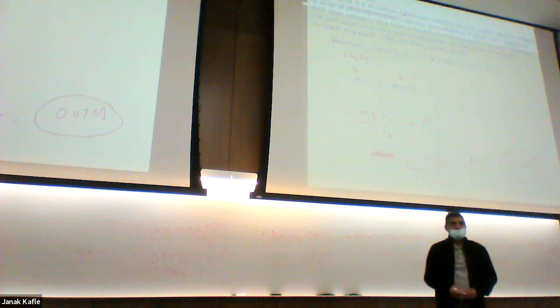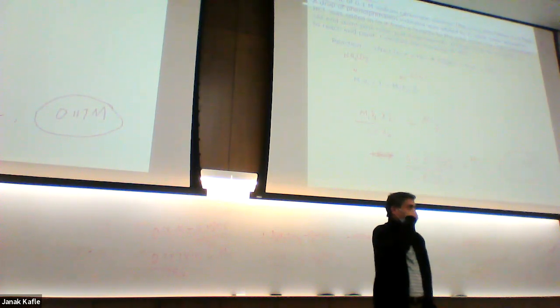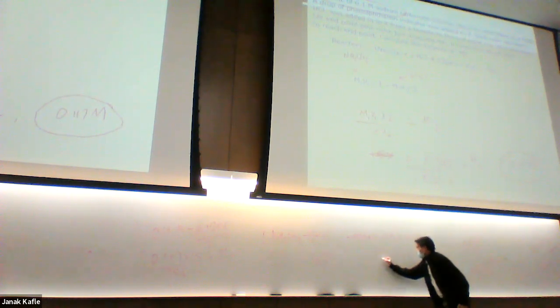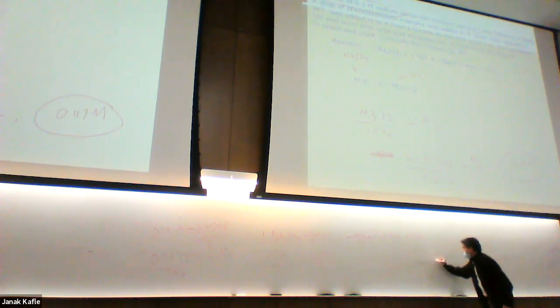For sure, you will get questions on this titration and dilution. For example, you take some hydrochloric acid, let's say 1 molar, and you want to make 10 milliliters of 0.1 molar.